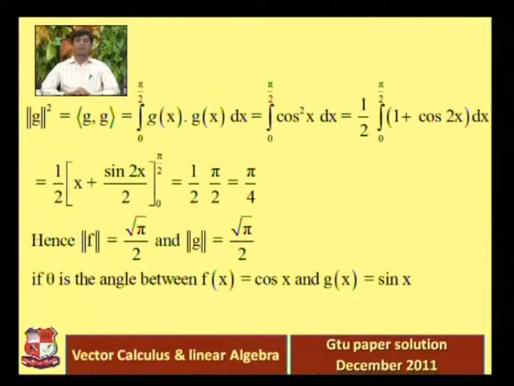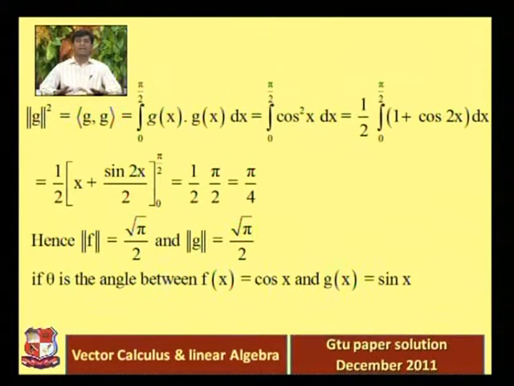So 1 by 2, from 0 to π/2, of 1 plus cos 2x, equal to 1 by 2 times x plus sin 2x divided by 2 from 0 to π/2. So equal to 1 by 2 into π/2, which is π/4. Hence norm f square is equal to π/4, so norm f is root π by 2. Norm g square is equal to π/4, so norm g is root π by 2.